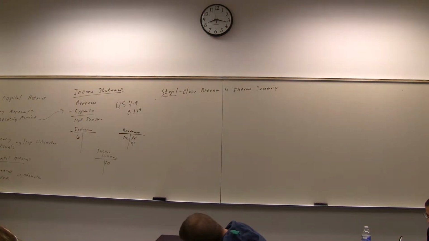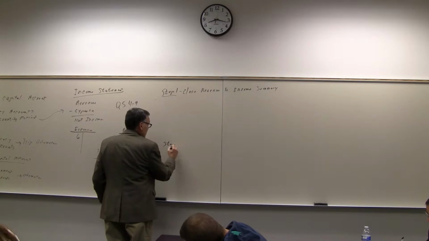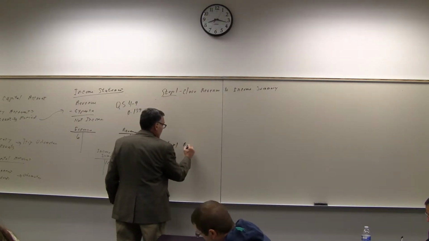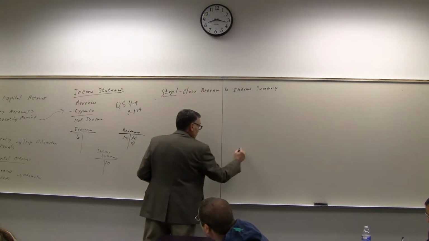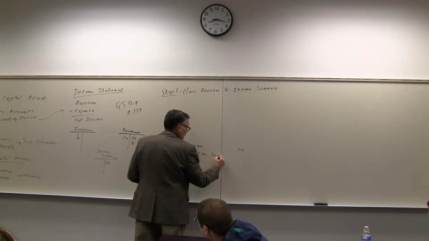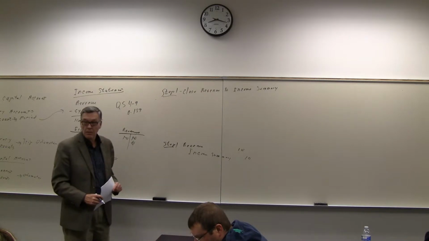And here's what step one looks like. So step one is you're going to debit the revenue account. And in this case, it'll be for 10. And you're going to credit income summary for 10. Does that sound pretty good?